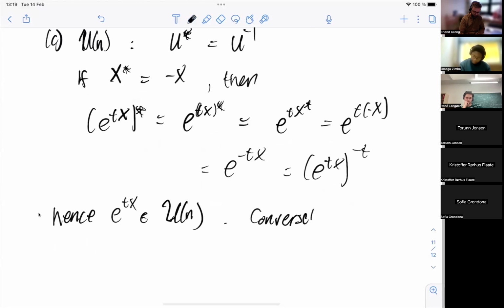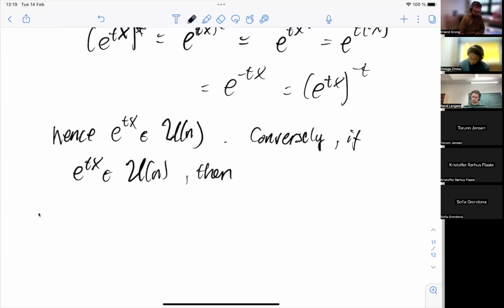Conversely, if e to the t X is in U(n), then e to the t X star times e to the t X should be the identity.